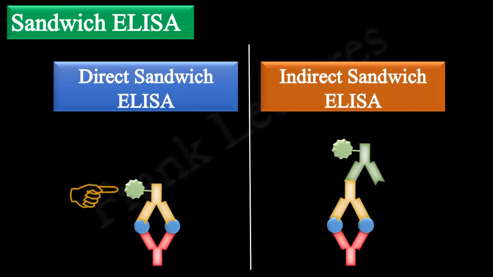Here, the target antigen is being detected by the conjugated antibody itself, so this is direct detection. But here, a primary antibody is first binding to the target antigen, and the conjugated secondary antibody is detecting the antigen-bound primary antibody. So, this is indirect detection.